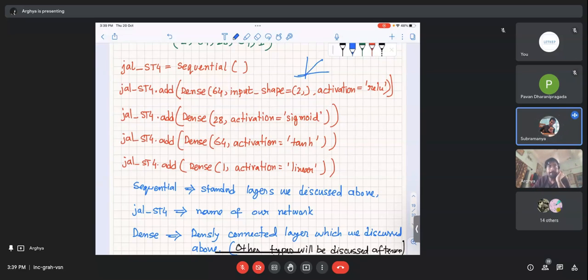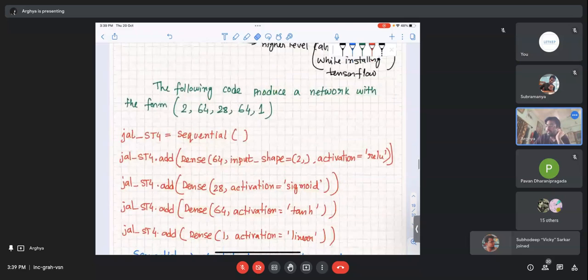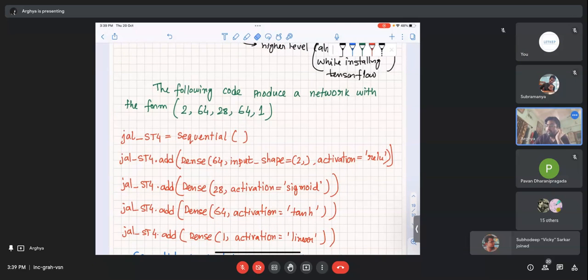What is input dimension? As shown, this is a network where you want to have an input of 2. The input does not have any activation function or anything; input is just some number that you are providing. So that is 2, and that is getting specified here.